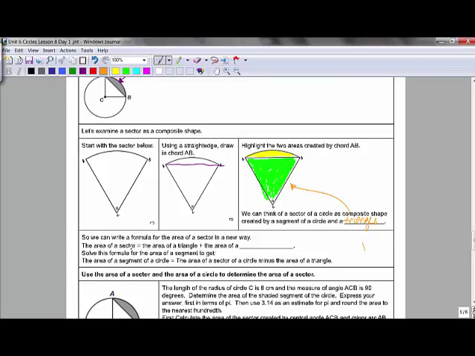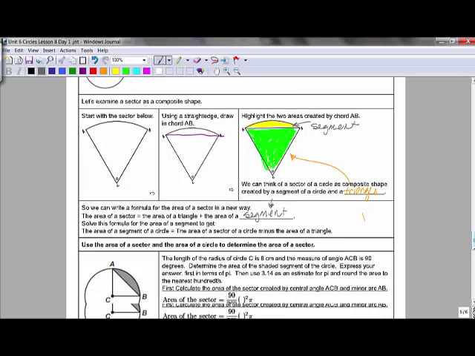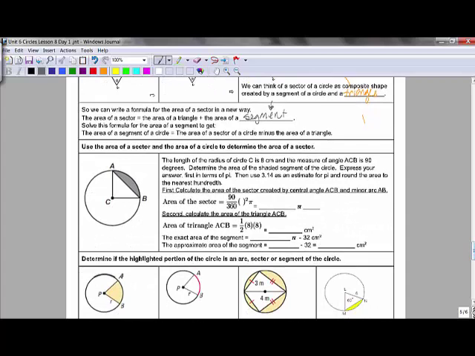The area of the sector would be the area of the triangle plus this new thing, the area of the segment. And then we can solve this formula for the area of the segment: the area of the segment is the area of the sector minus the area of the triangle.